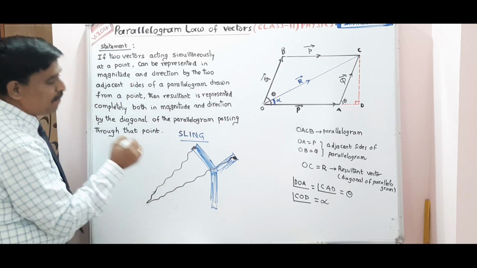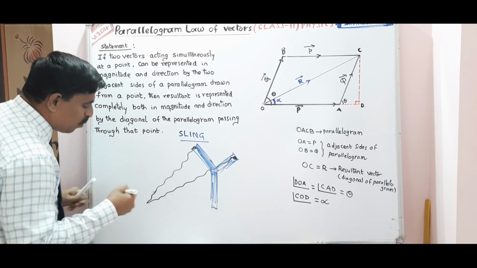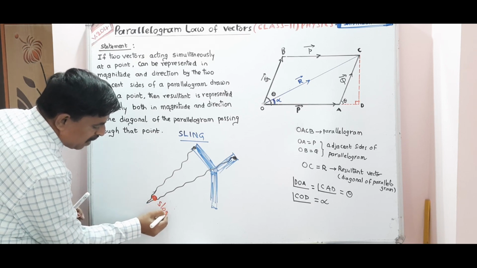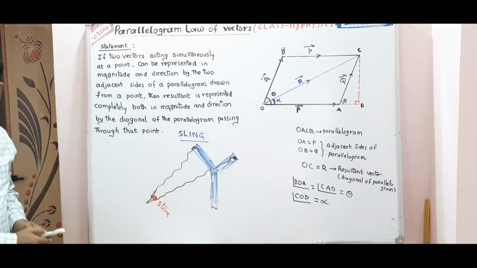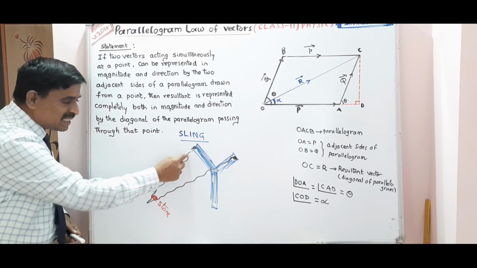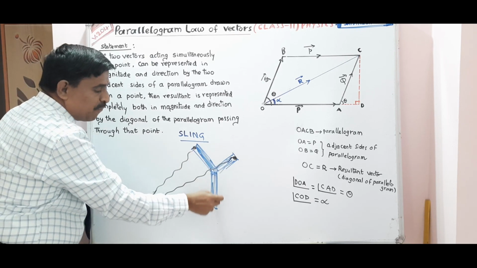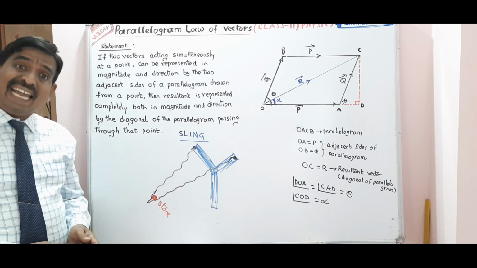Now this is the rubber band. In the middle, we are keeping one stone. When we stretch backside, this is the rubber band, and this is also a rubber band. It is the metal frame or the wooden frame, and we call it a sling.